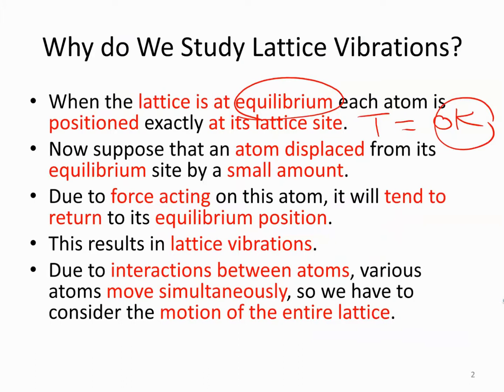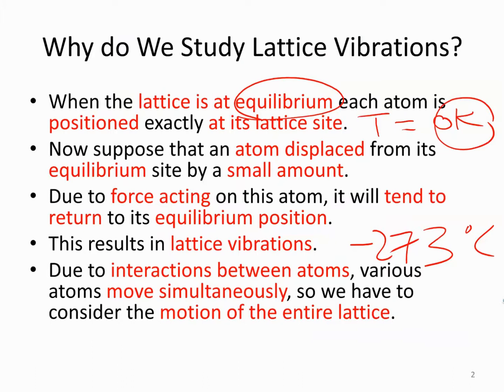At this moment, it's not possible for us to cool the temperature down to 0 K. 0 K is minus 273 degrees Celsius, which is very low. All right, so now we can assume that at room temperature, the atoms in the solid are always vibrating.